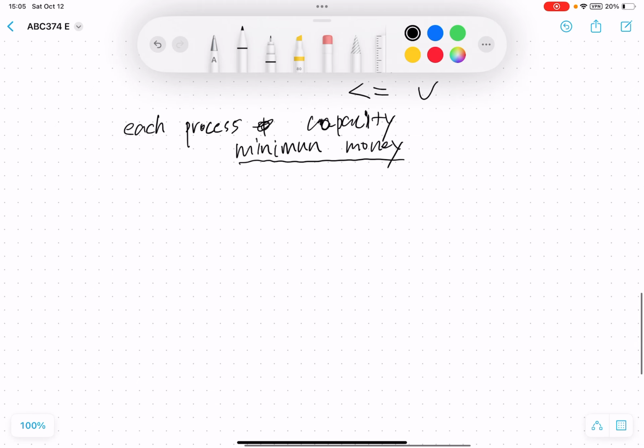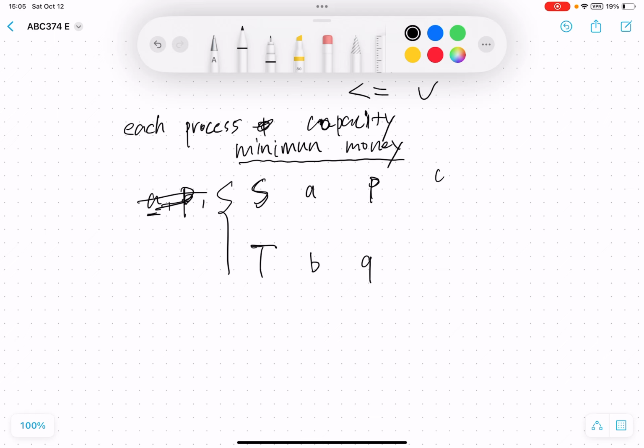More specifically, we are given these values as below: A, P. That means we are given two kinds of machine information, S and T. For S, it can produce A processes and costs P. For T, it can produce B and the cost is Q. The capacity we need we call C. So how do we buy a certain number of machines S and machines T to produce the capacity C?